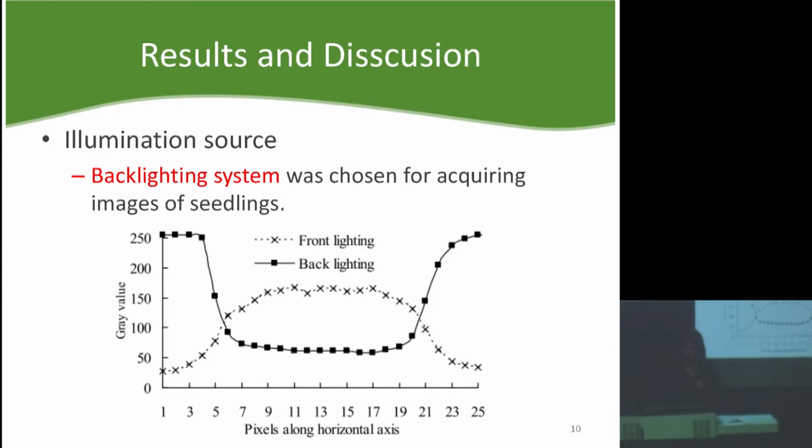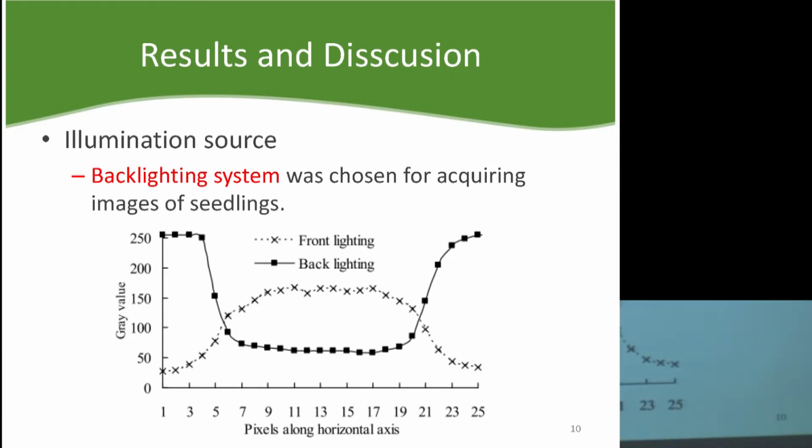About this figure, we can see that along the pixel horizontal axis, the gray values of the pixels were extracted from both the images acquired from the front lighting as well as from the back lighting. And the bottom part of these two curves indicates the seedling diameter.